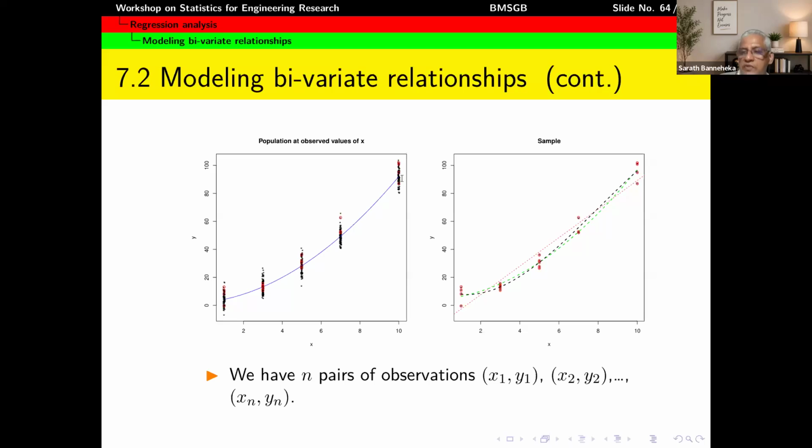Still, the function will be the same. But of course, now we are not going to observe all these possible values for a given x. For this x, we will be randomly getting only 2 or 3 observations, maybe one in one situation, right? So here, for example, I have 4 observations coming from this population, right? So the population of values are here.